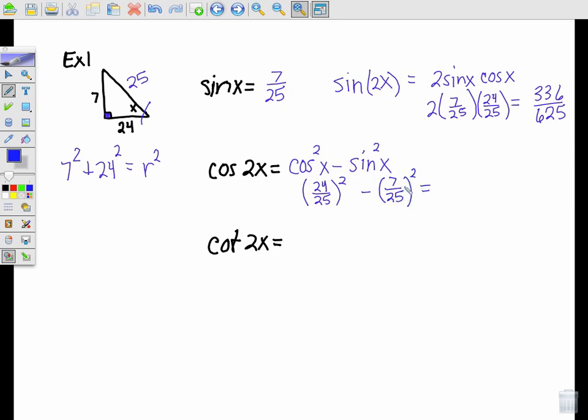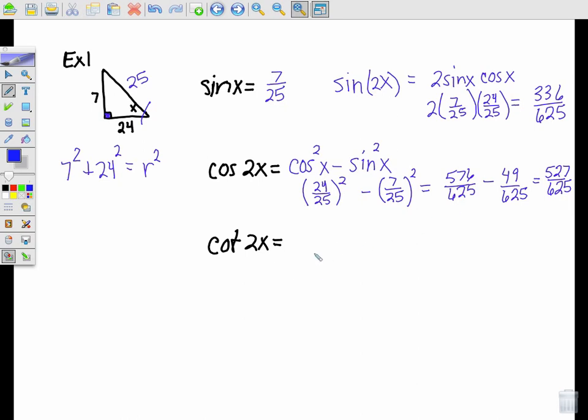The results of that are 24 over 25 squared is 576 over 625, and then minus 49 over 625. So my final answer, and I'm just going to keep it in this fraction form, would be 527 over 625. So that is the cosine of 2x.